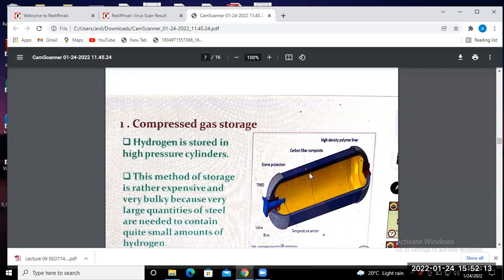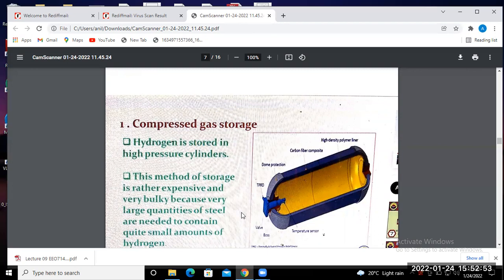This outside is a carbon fiber composite, and the high density polymer liner is this one, which provides damage protection. Through this you can put in the hydrogen gas, and if you close this, the hydrogen gas is stored in compressed form.